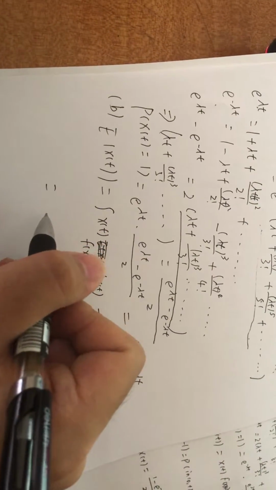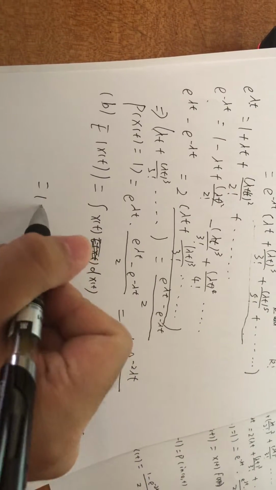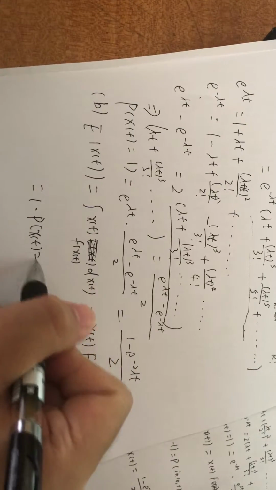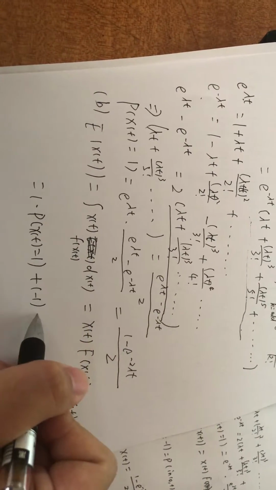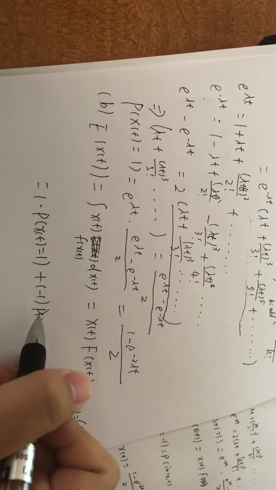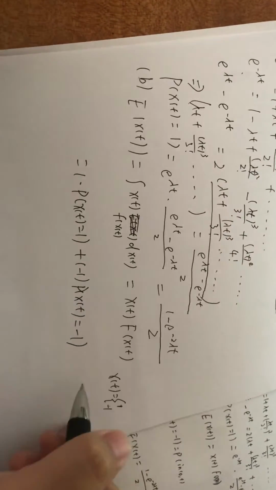So when X(t) equals 1, we plug in 1 times the probability X(t) equals 1, plus -1 times the probability X(t) equals -1. Okay, we got the outcome.